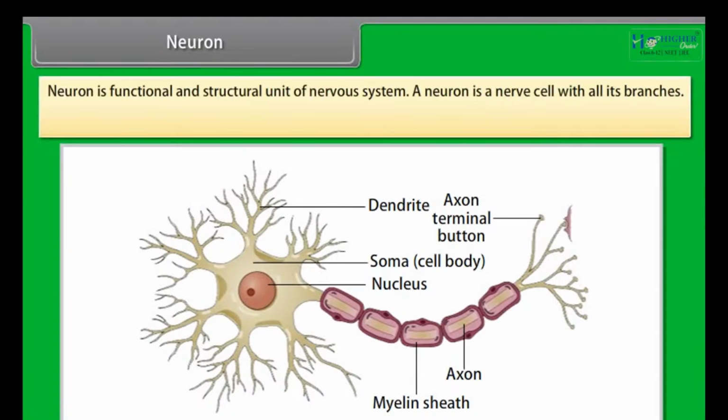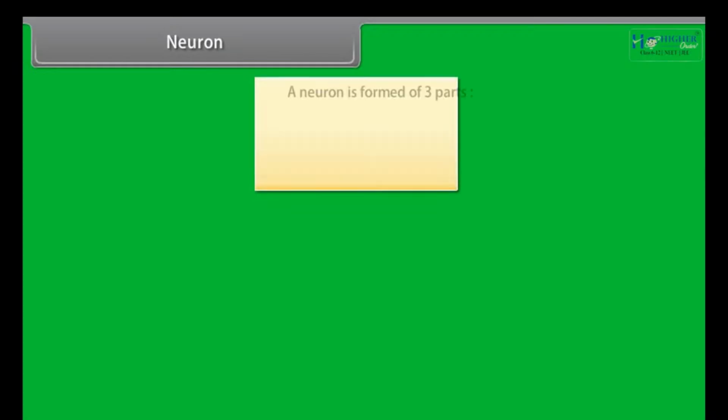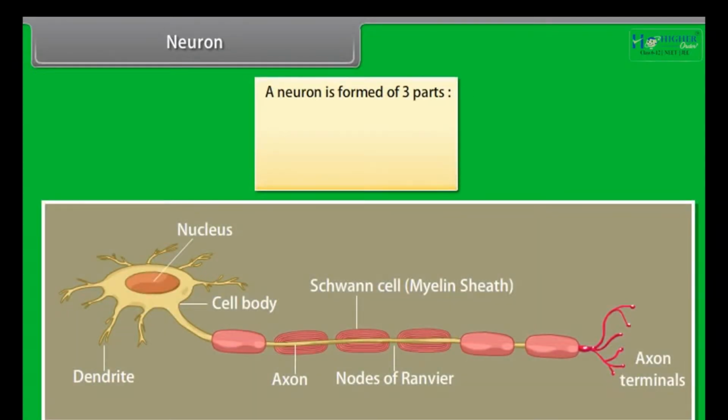Neuron is a functional and structural unit of nervous system. A neuron is a nerve cell with all its branches. Neuron is the longest cell in the human body and is about 100 centimeter long. A neuron is formed of 3 parts: cyton, dendrites, axon.